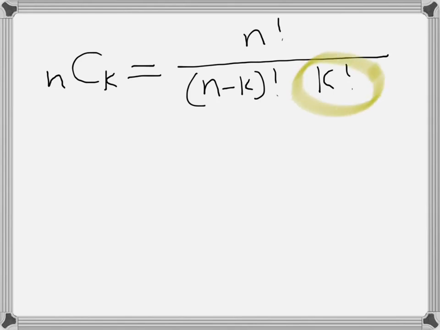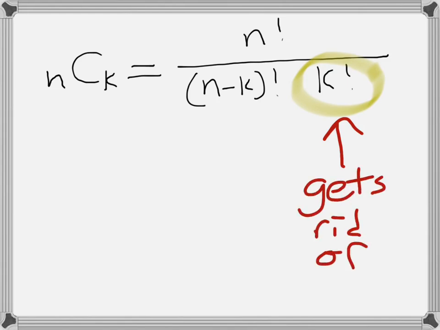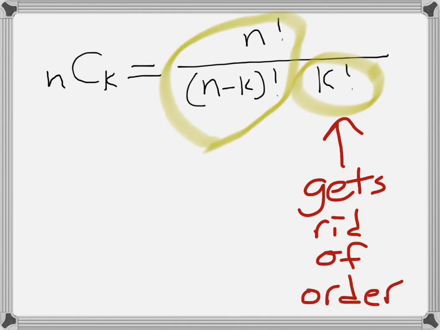So this part gets rid of the order. And this part on the left side, that is n permute k, where order matters. So we permute the 3 students that we're going to cut, and then we get rid of the order because order doesn't matter.